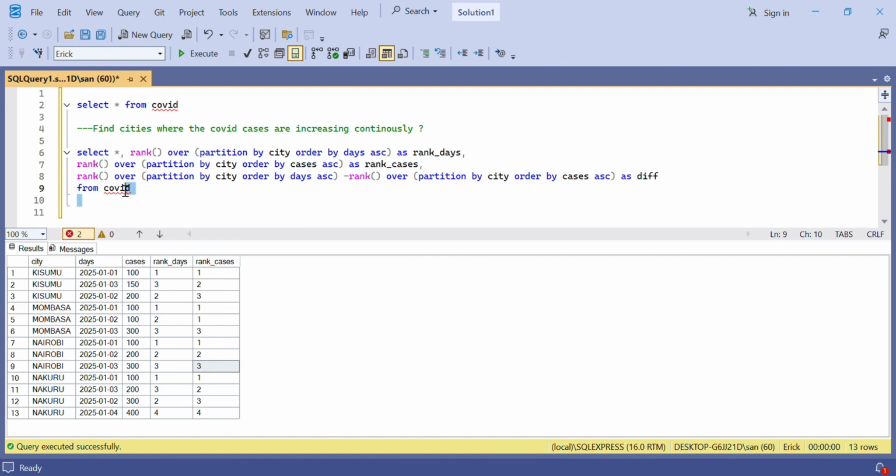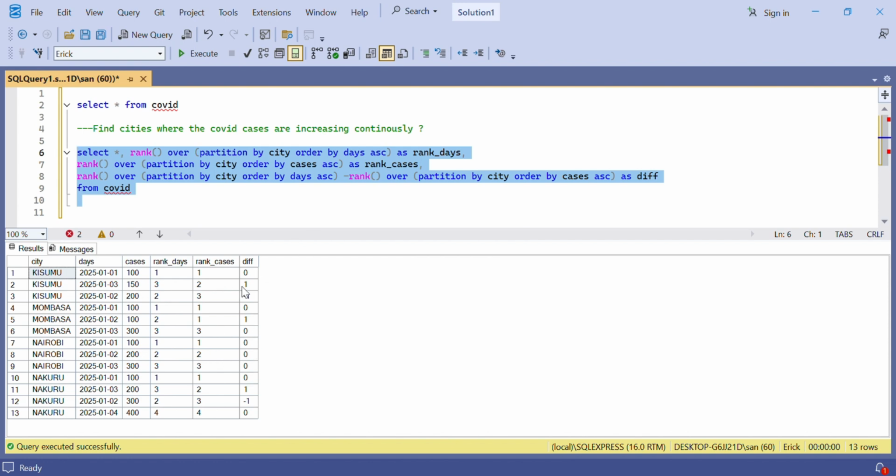If you run this, you can see that for the city having COVID cases increasing continuously, the diff is 0.